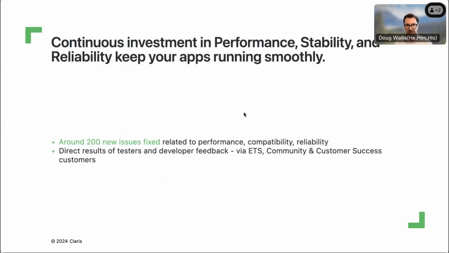And again, a lot of the work that we do on the FileMaker side is around performance, stability, and reliability, for FileMaker Pro, FileMaker Go, FileMaker Server, and FileMaker Cloud. We fixed about 200 issues on Pro, and roughly the same on the server side. All of that comes as a direct result of feedback from the community, from yourselves, whether through the ETS, the community website, customer success, or our support teams.